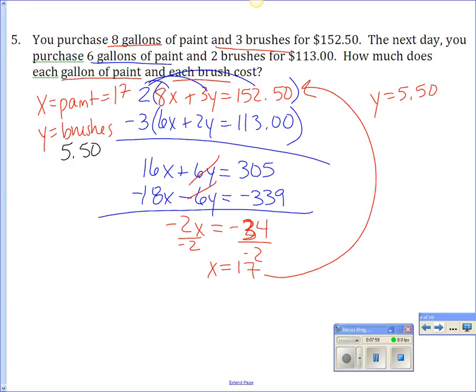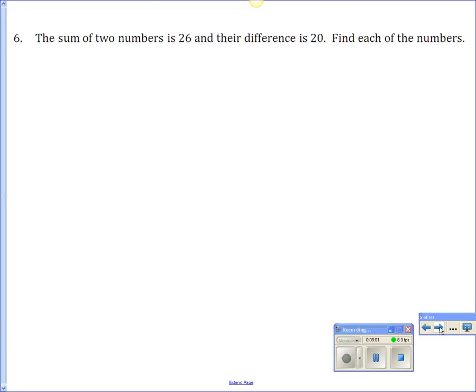All right, so I hope y'all got that one. Number 6. The sum of two numbers is 26 and their difference is 20. Find each of the numbers. So x is going to be your first number and y will be your second number. The sum, that means to add x plus y equals 26. So that's your first equation.